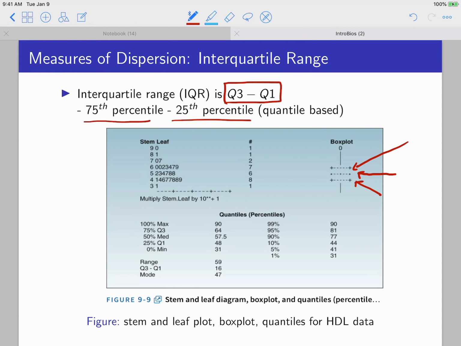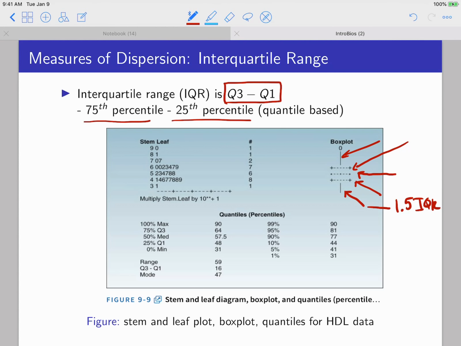Okay, so those are your boxes, and that's how your boxes are formed. And what you have here are the so-called whiskers. These whiskers go out to 1.5 times the IQR in both directions.